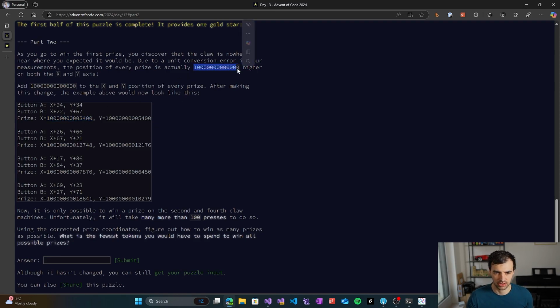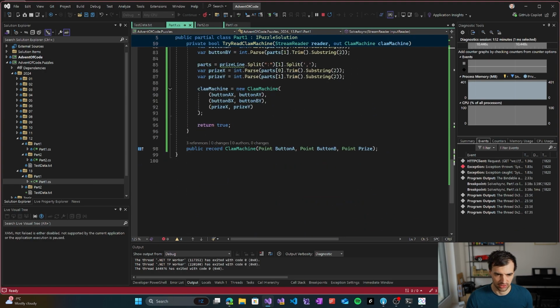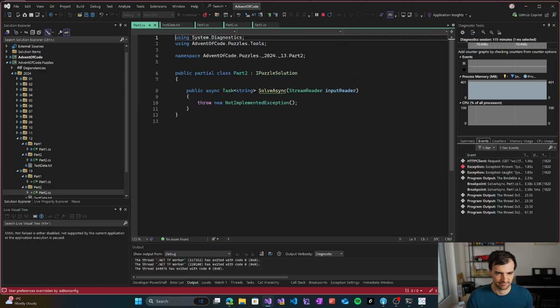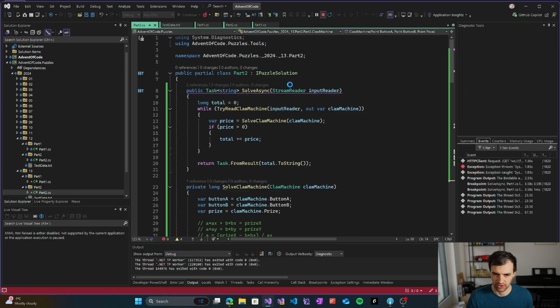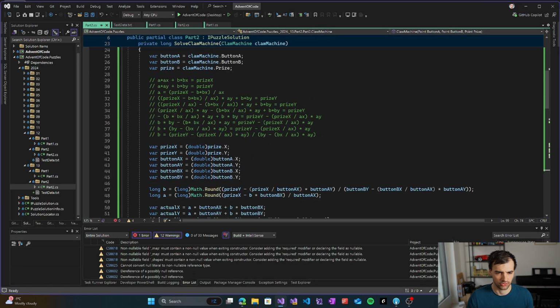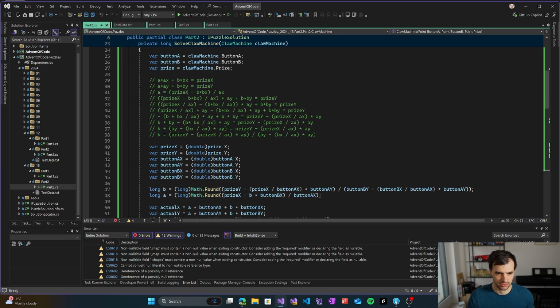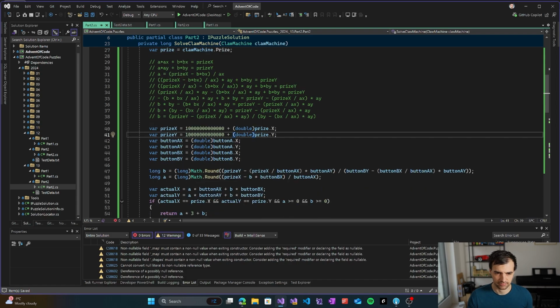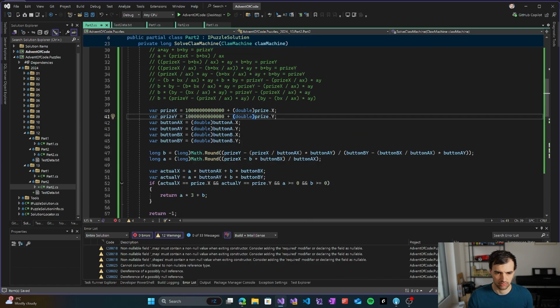To do this, we try to adjust our solution, but keep most of it as it is.